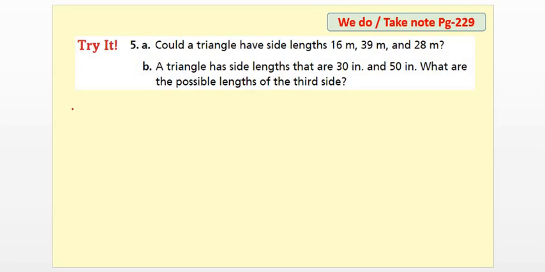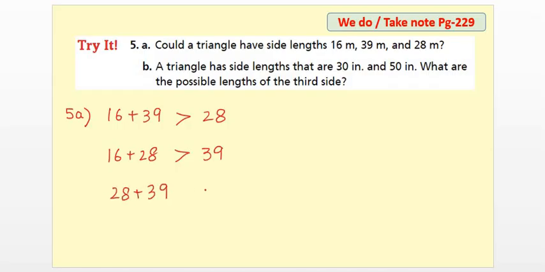So let's solve 5a first. We can check by adding. Let's add 16 plus 39 and check whether it is more than 28 meters. For sure the sum of 16 and 39 will be more than 28, right? Now let's add 16 with 28 and check whether the sum is more than 39, and in the end we will add 28 and 39 and check whether the sum is more than 16.